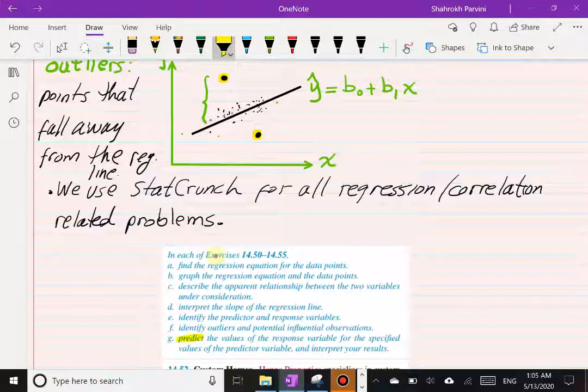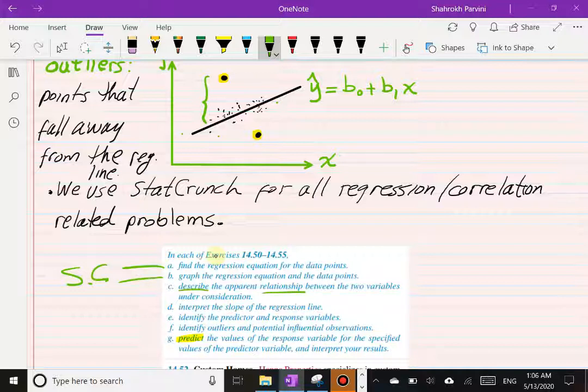In part A, the question says find the regression equation for the data points. In part B, graph the regression equation. Both of these we get from StatCrunch. Then describe the relationship. We'll do that. Interpret the slope. We always interpret the slope in context in a regression problem, so we have to do that, not StatCrunch.